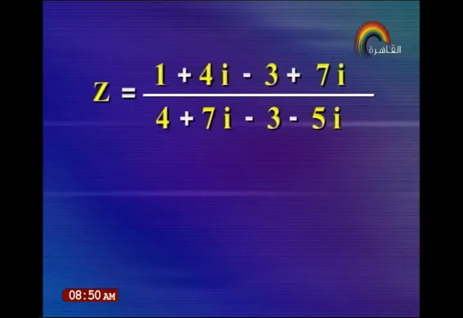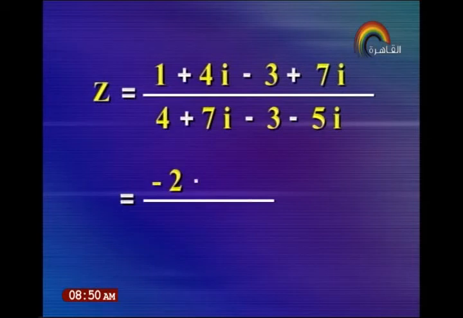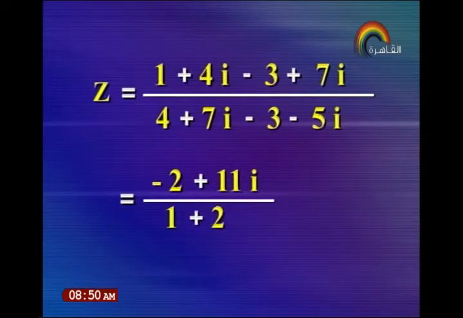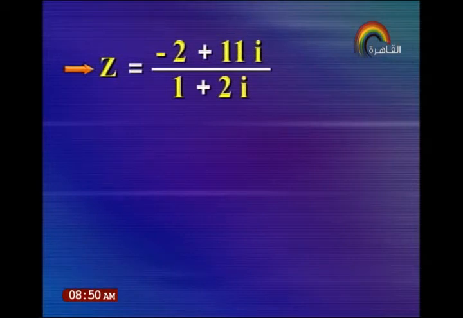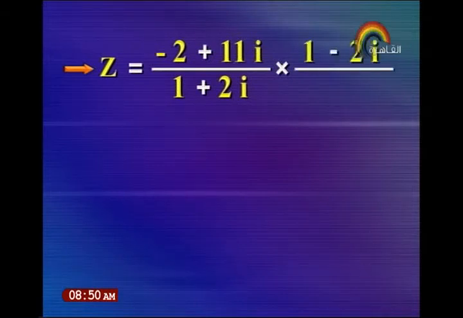Look at the solution. Z equals (1 plus 4i minus 3 plus 7i) over (4 plus 7i minus 3 minus 5i). Then look at the student, by using like terms, z equals (negative 2 plus 11i) over (1 plus 2i). This is called z. By using the conjugate, we deduce the denominator 1 plus 2i by using the conjugate. What is the conjugate of 1 plus 2i?